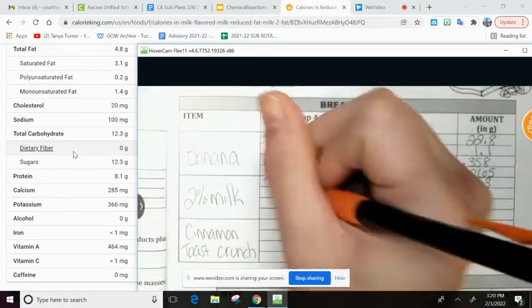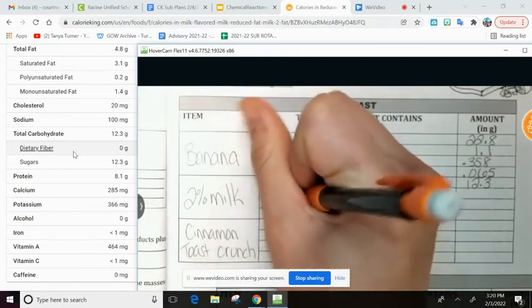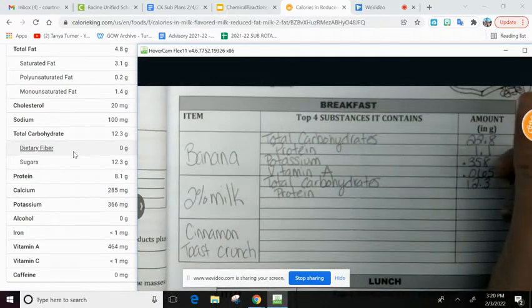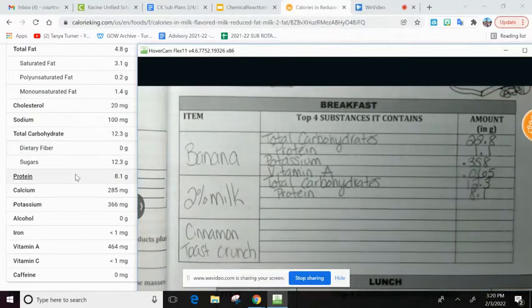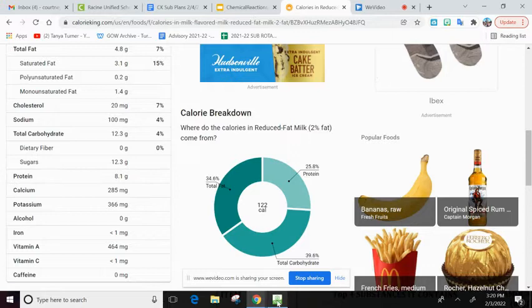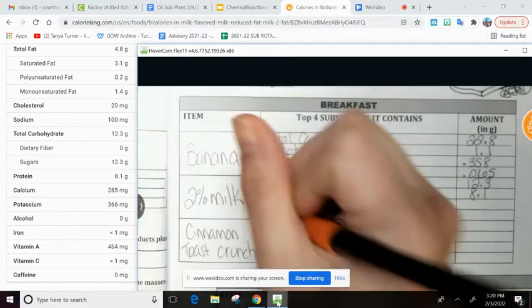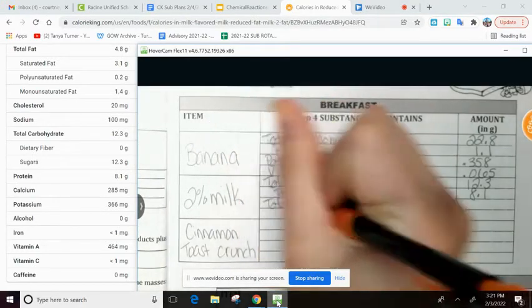And then I found that protein had a large whole number at 8.1. So that will go next. It's smaller than 12. The next one looks like it's going to be that total fat.